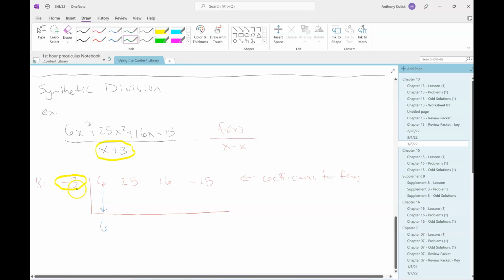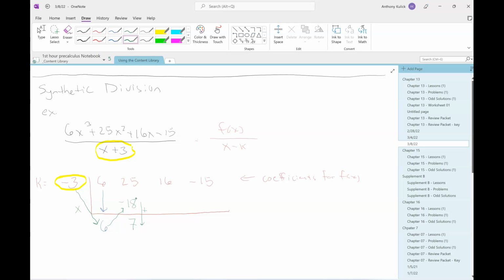What I do next is I'm going to multiply the -3 by the number underneath the bar that's furthest to the right and write that answer in the next spot and then add down. Is everybody okay?